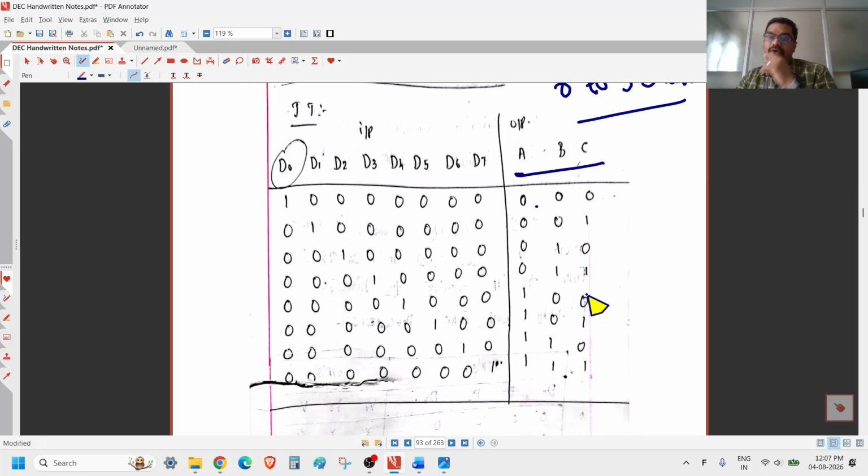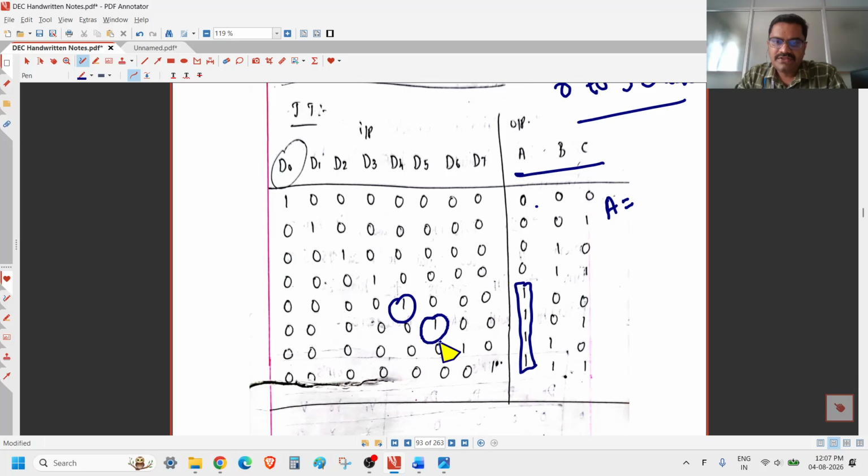Okay, so now we have to calculate the a value, b value and c value. How to calculate now, guys, listen here. For calculating the a value, you just find out where the 1s are. Through that only we can calculate the a value. You can see the 1s are in the 5th, 6th, 7th and 8th positions.